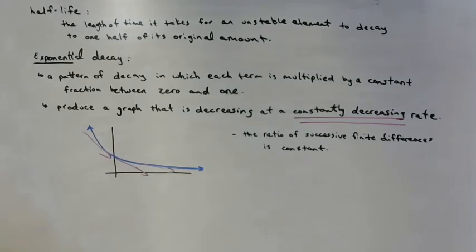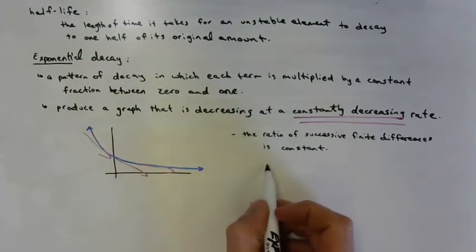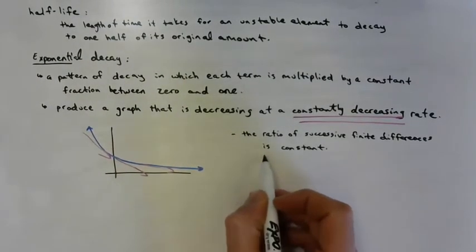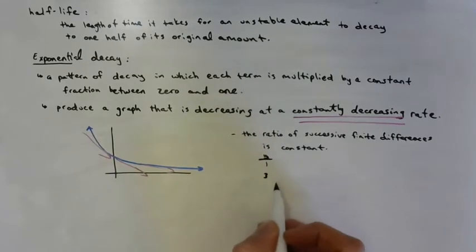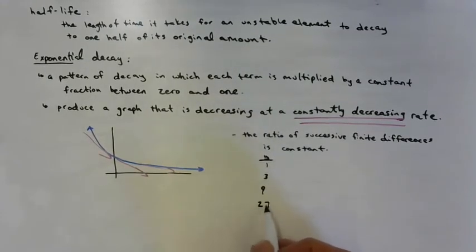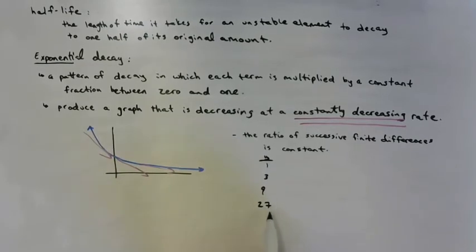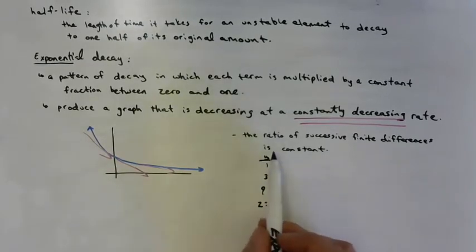But basically yesterday we ended up with a situation where we had something like y values of 1, 3, 9, 27, and we realized that 3 over 1 was the same as 9 over 3, was the same as 27 over 9. The ratio of successive finite differences was constant. In that case, it was a number greater than 1. In this case, it's 3.